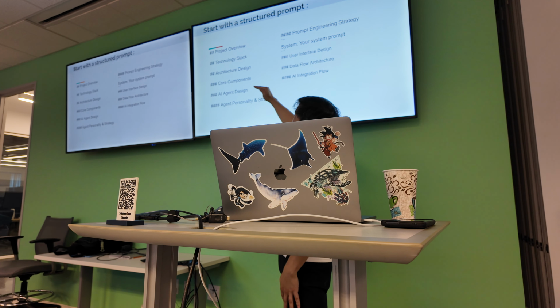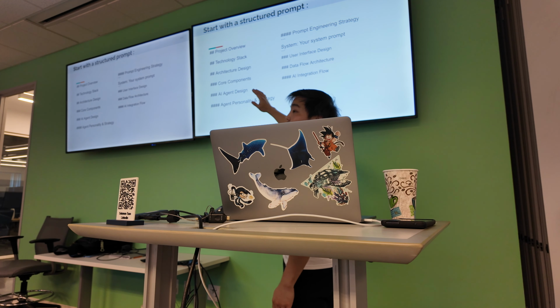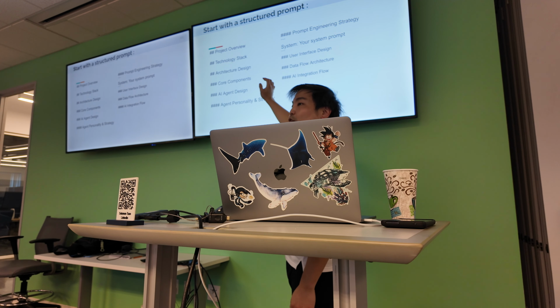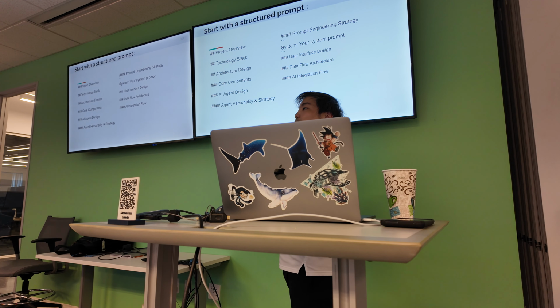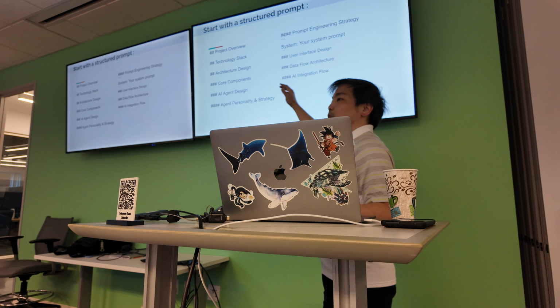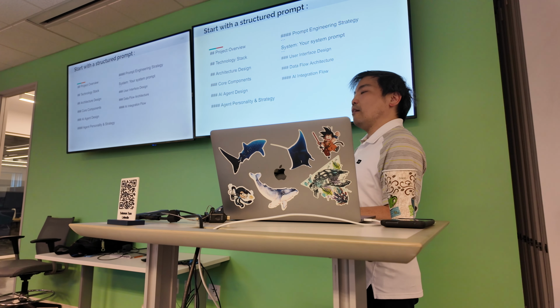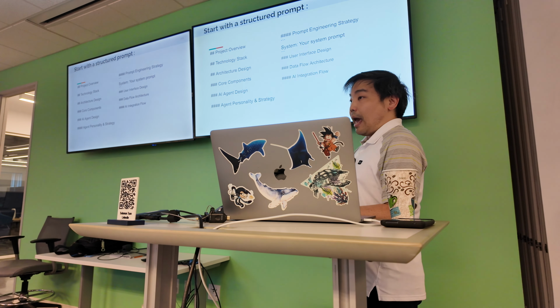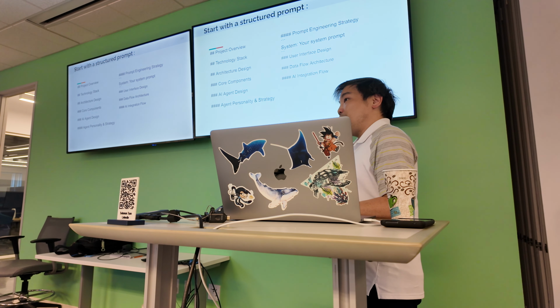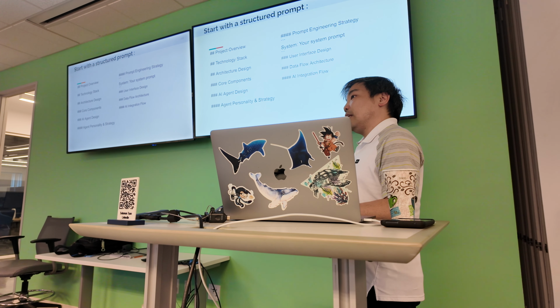AI agent design is for when I want to embed the AI agent inside my app. If you don't need it, you just delete it. None of this is required. This is just recommended. You can have a very simple first one, the project overview. What are you trying to build? If you only have the first one, then the app's understanding might be kind of vague because it doesn't know the detail you want.